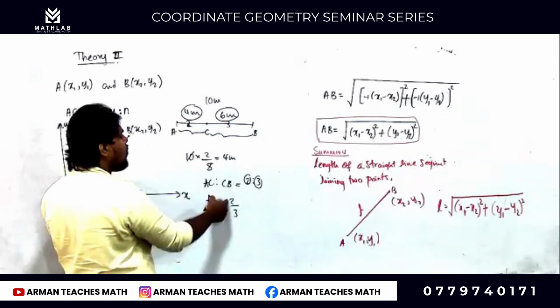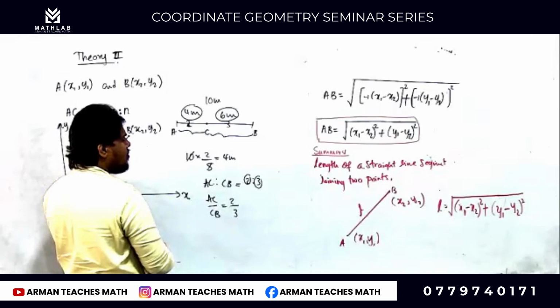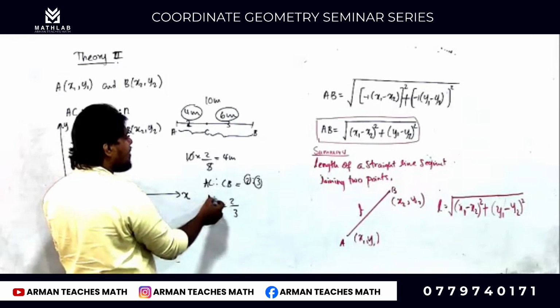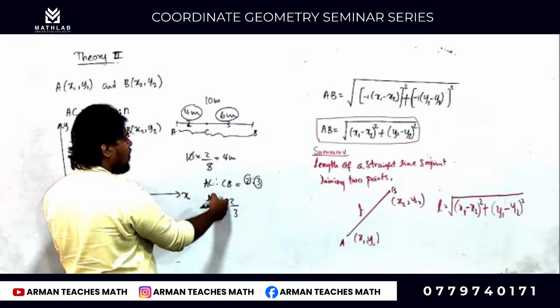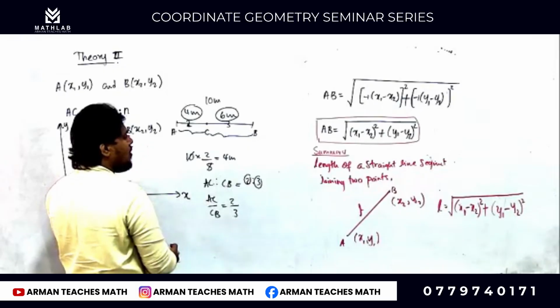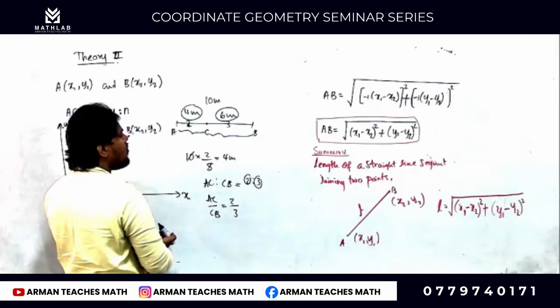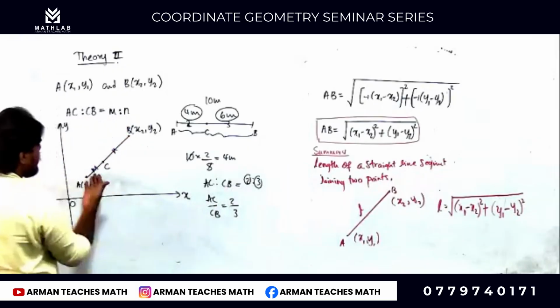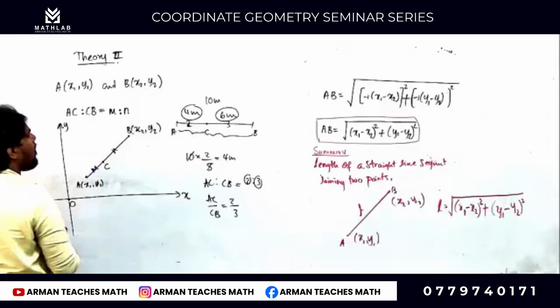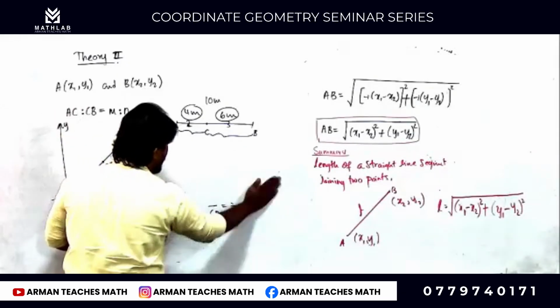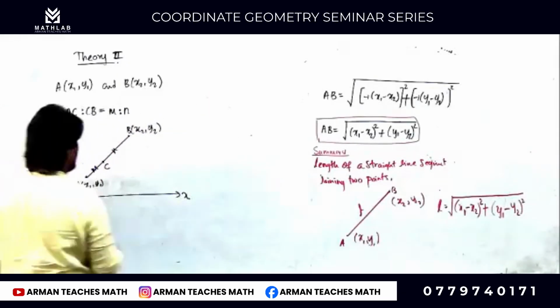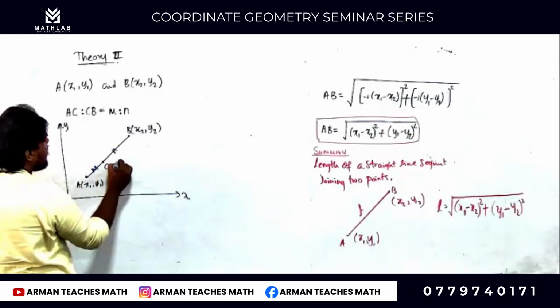That doesn't mean AC equals 2. The AC length is not 2. The simplest version is 2/3. So this is the ratio given here, and using it we need to calculate the coordinates of this C point.